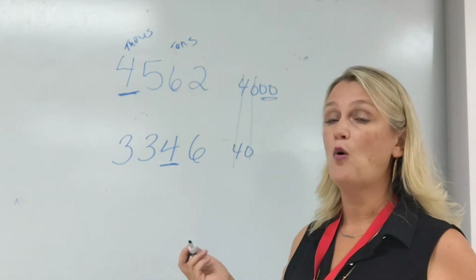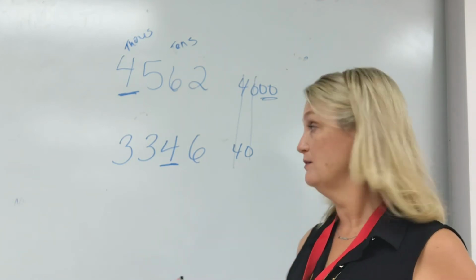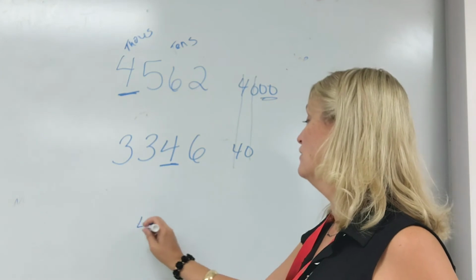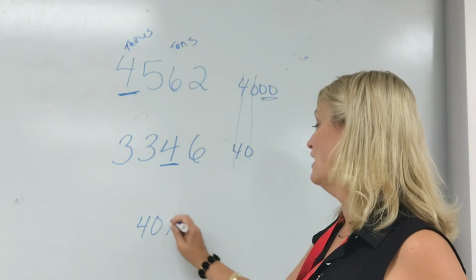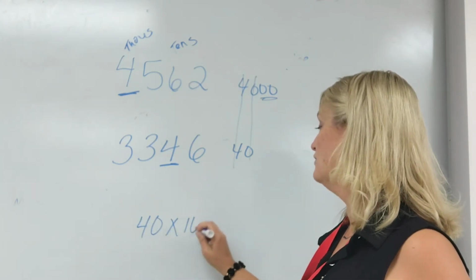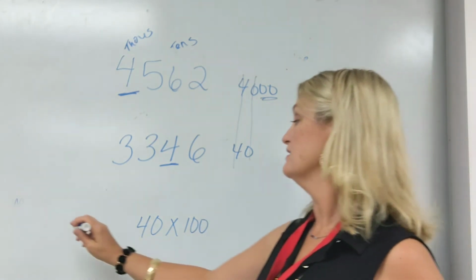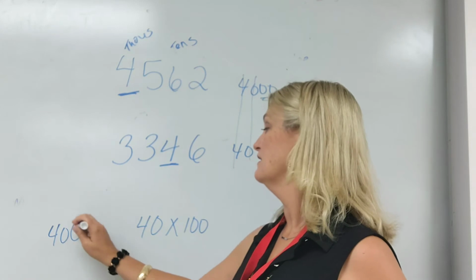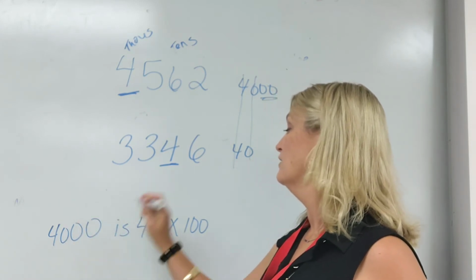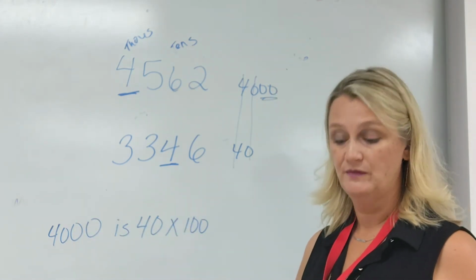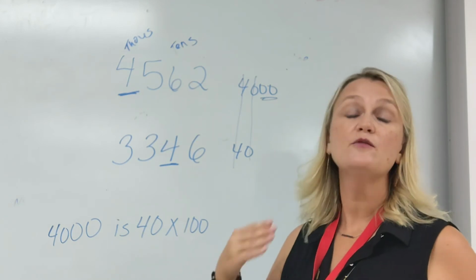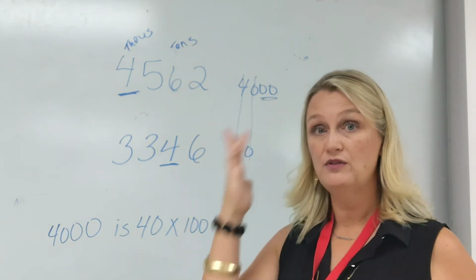So that means it is 100 times. And if you look at it, 40 times 100, okay, that is 4,000. So 4,000 is 40 times 100. So anything with a 1 and a 0, you can do this with.